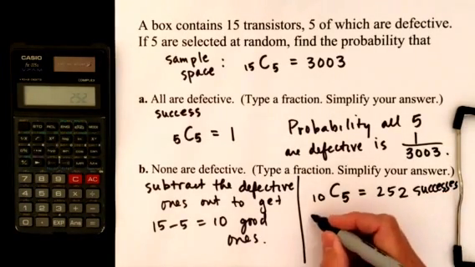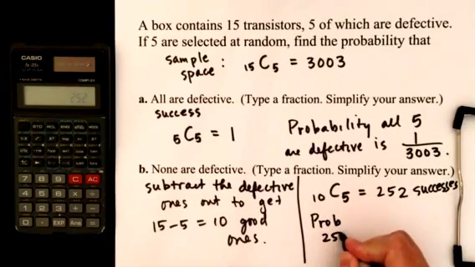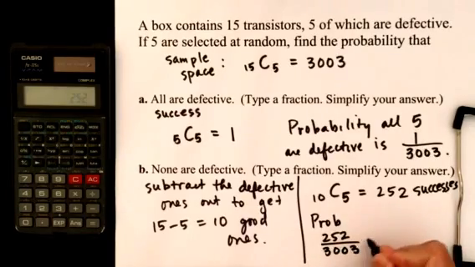So the probability is 252 over 3003. I have to reduce this fraction, and I'll just start at the beginning with, can I reduce by the number 2? No, because while the numerator is even, the denominator is not even. Can I reduce this fraction by 3?